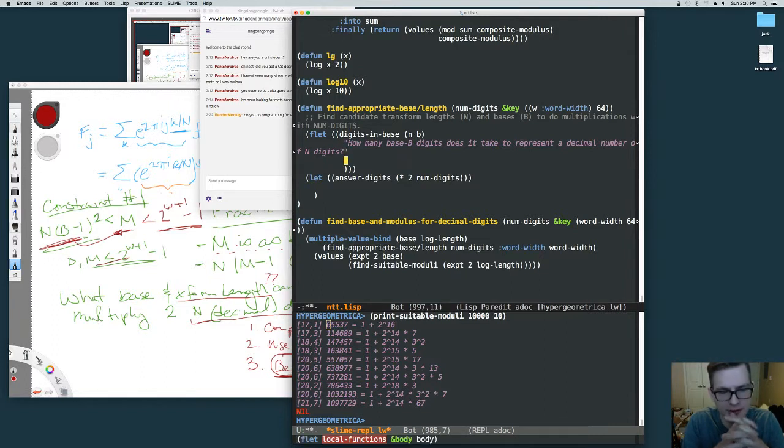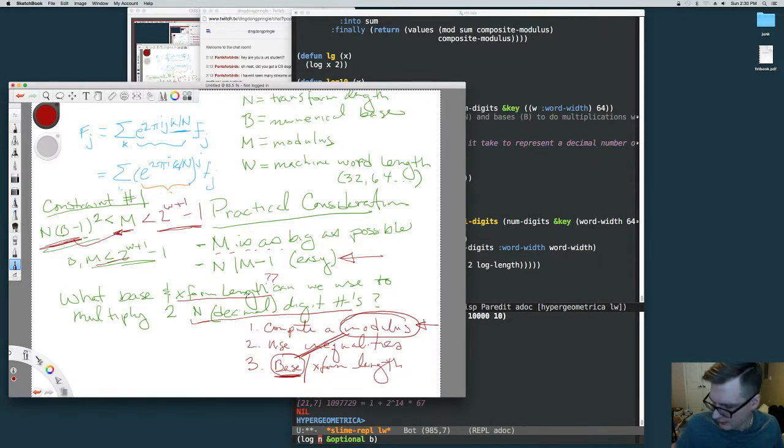And this is going to be approximately the log, I guess, the log of... let me think. So let's see, if 1 decimal digit in base B, so we want to go from some base B1 to base B2.